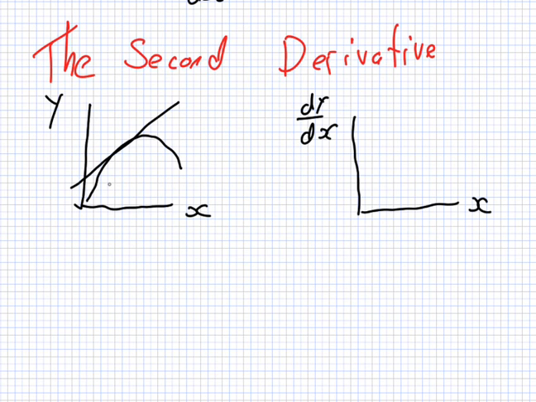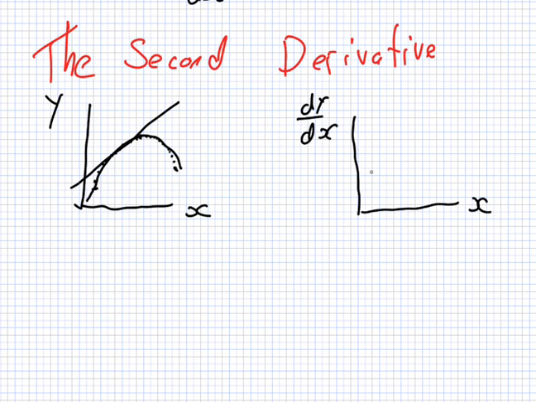So for example, here, the slope, what is it, positive, negative, or zero? Positive. And then as I go up, what's happening to the slope? Decreasing. And then at the top? Zero. And then here? Negative.